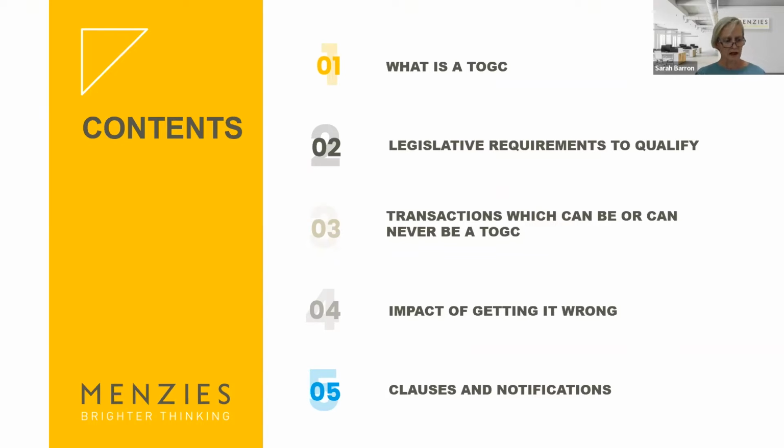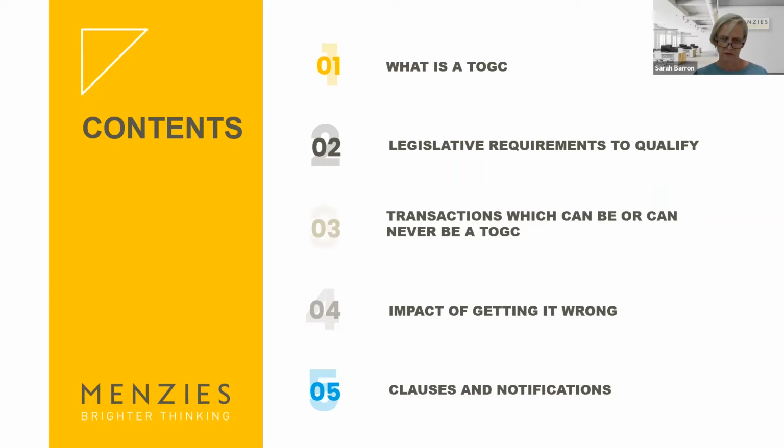So the webinar today: VAT, property, TOGCs. It's a massive topic, and I could quite happily spend all morning covering it in detail. I'm not quite sure you'd be so happy about that. So what I've designed is a fairly high level canter through, so we can look at when a transaction can be a TOGC, why we worry about whether it's a TOGC or not, and some of the actions that are required to make sure that that happens.